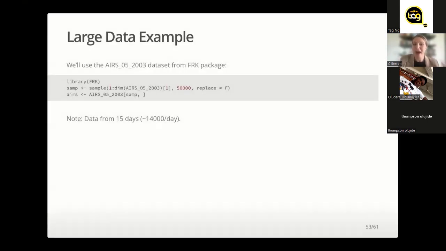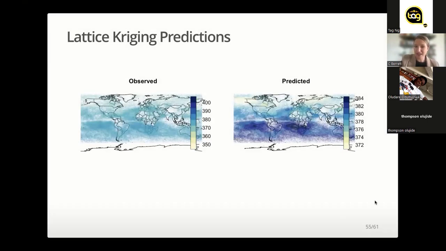That makes them better for large data sets, and so we can accommodate these. So it looks like we have maybe a larger spatial dependence in the horizontal direction than in the vertical direction here. And our model actually captures that.